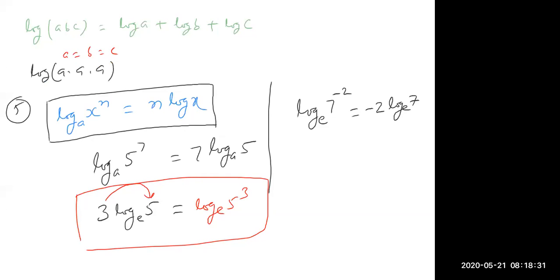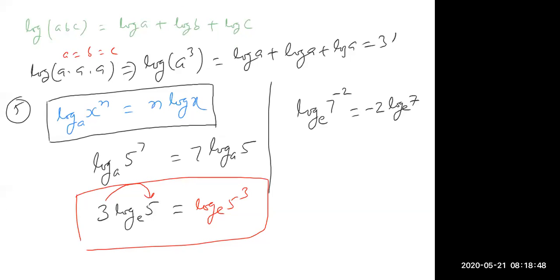So what is this? Okay, sir. Understood. This will give me that log of A power 3 is equal to log A plus log A plus log A. So this is equal to 3 log A. So sir, basically what is happening, this power is coming in the front. Yes, sir. Okay. Thank you, sir.